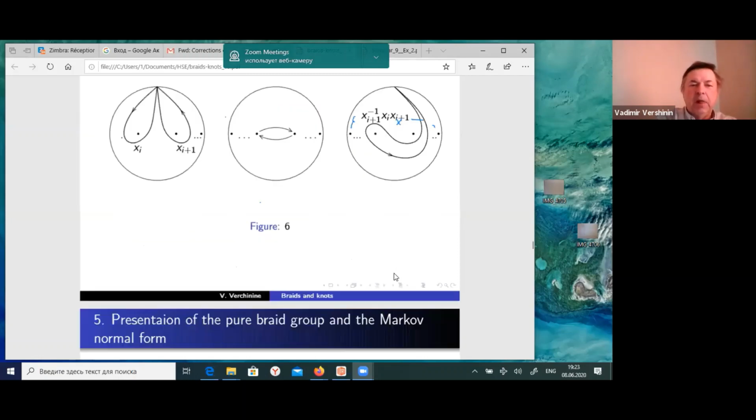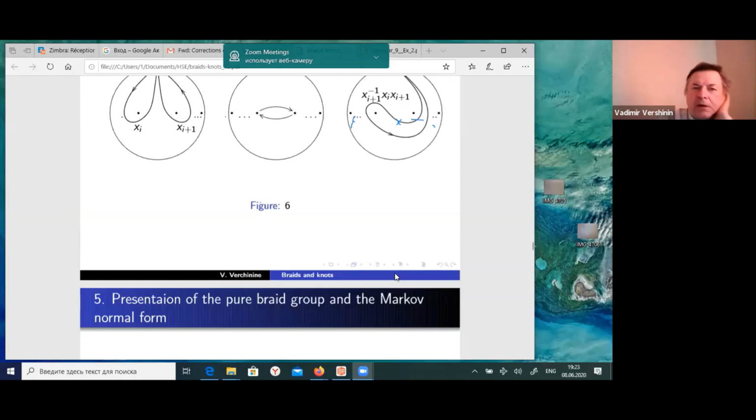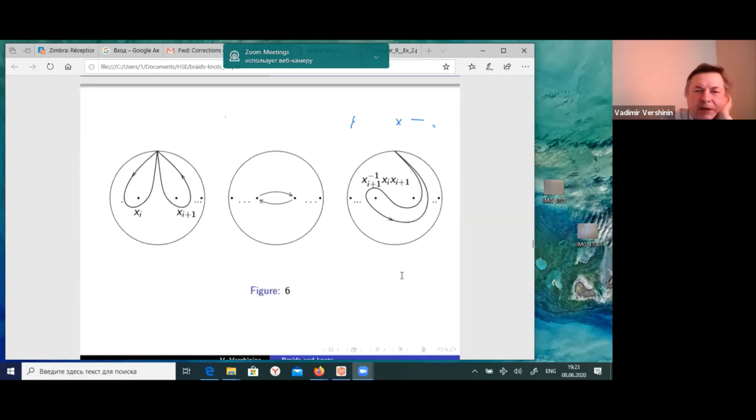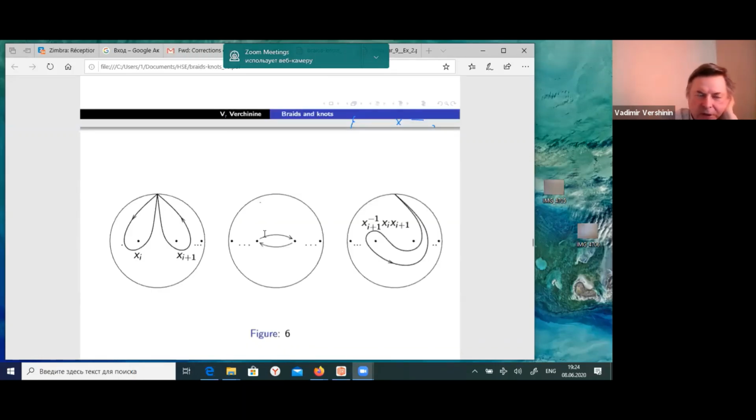What does it mean? The whole thing means that the braid group you can consider as the mapping class group, so the group up to isotopy of punctured disks. I didn't write this because it will take much more time than we have.